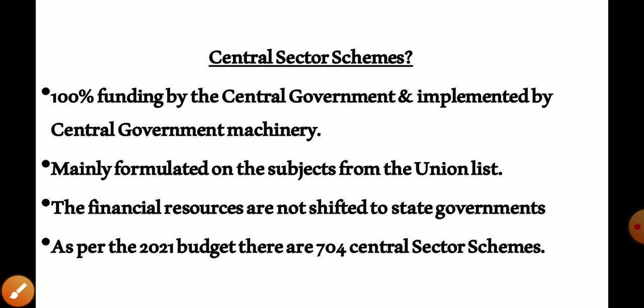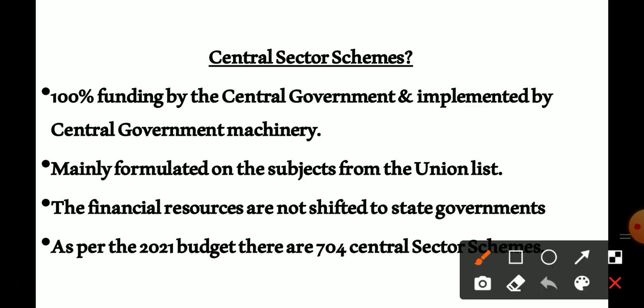Now let us understand the central sector scheme. When the government says that this scheme is a central sector scheme, it means that 100% funding for the scheme will be provided by the central government. And the implementation of the scheme also falls on the central government.